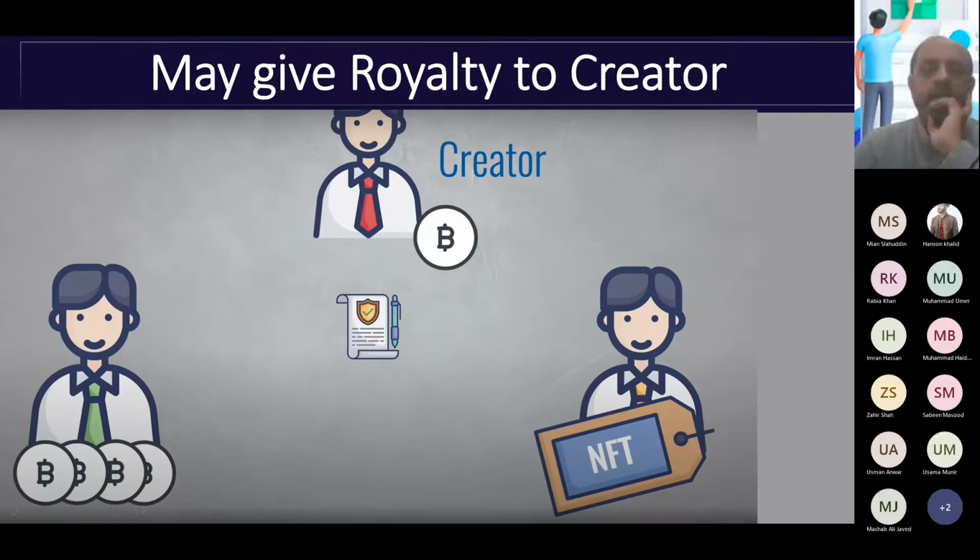And the creator, whenever there are transactions, always gets a part of the deal, which is good because it is part of the smart contract, the piece of code that basically handles the transaction of NFTs.